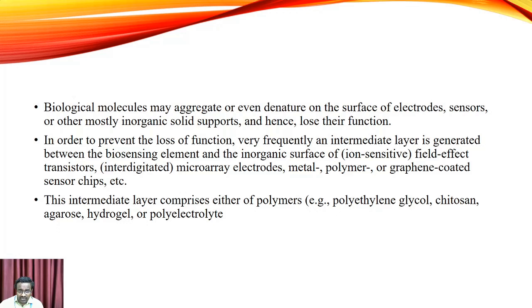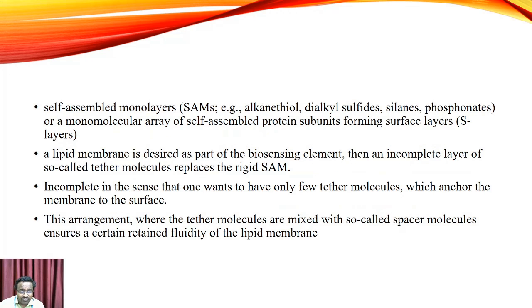The intermediate layer present in the biosensor consists of various polymers like PEG, chitosan particles, agarose, and hydrogel. It also has self-assembled monolayers present on the surface of the biosensors, which have a monomolecular array of self-assembled proteins.